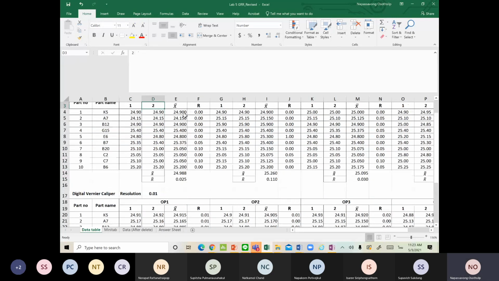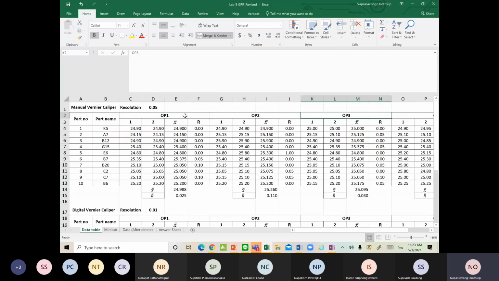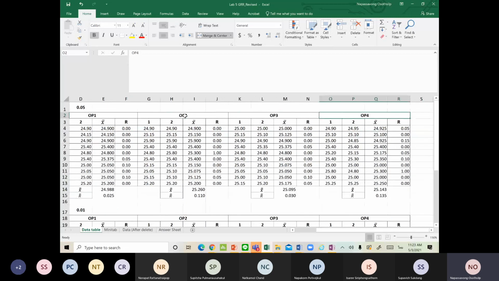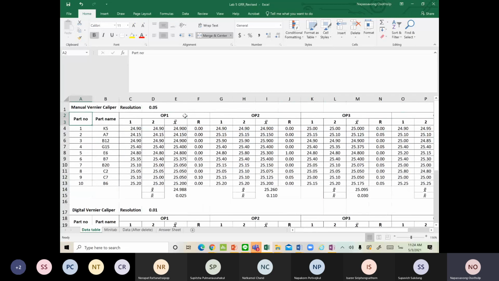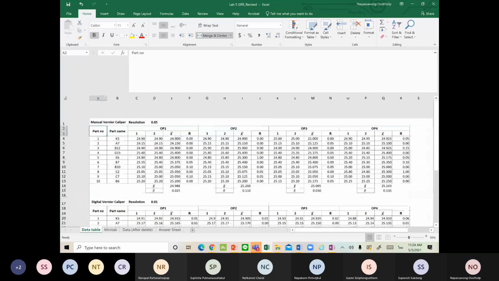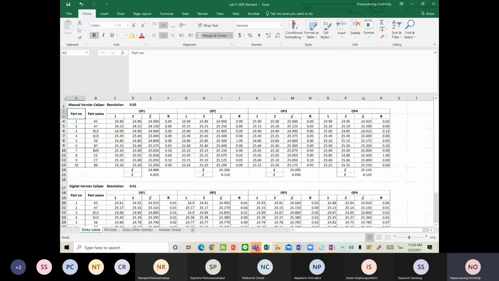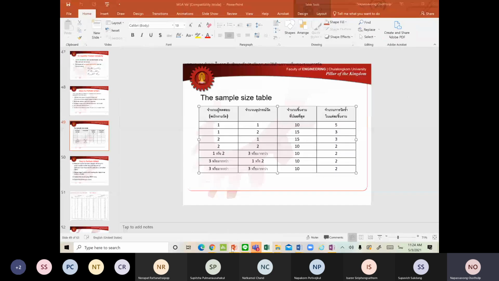In this case, they have 4 operators. If we take a look at the sample size first, look at this table. We have 4 operators.